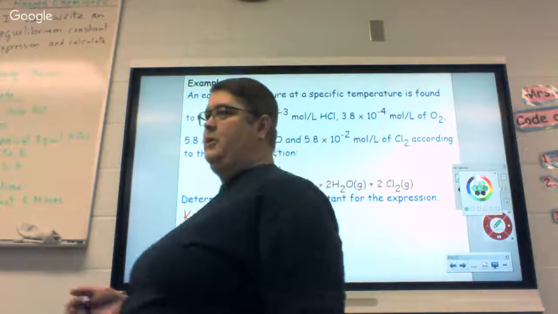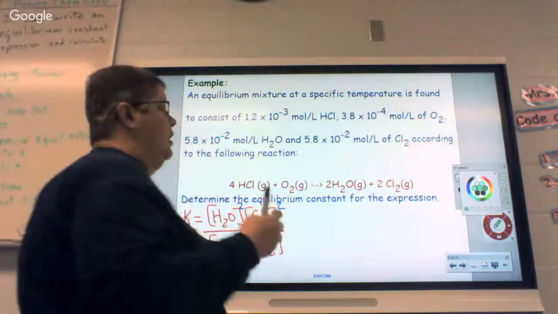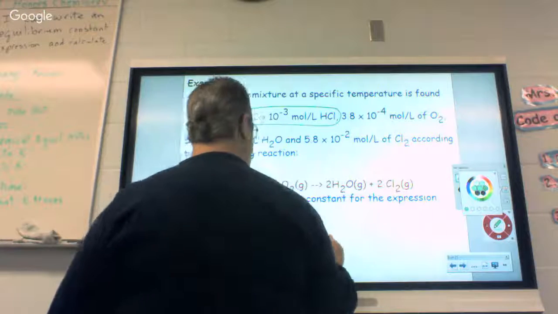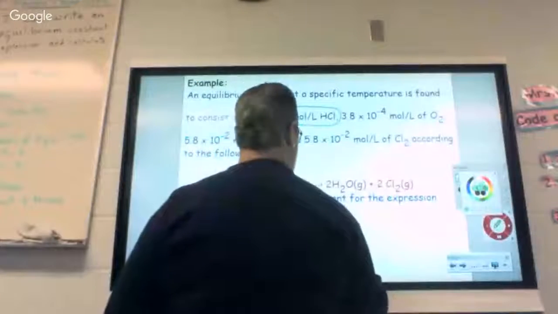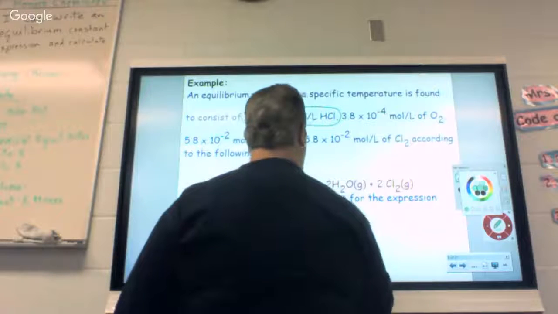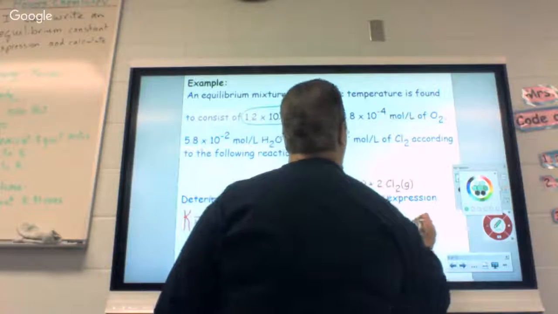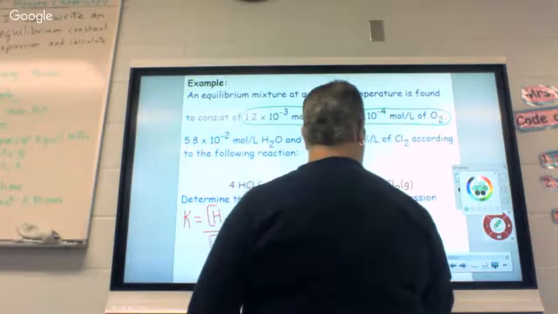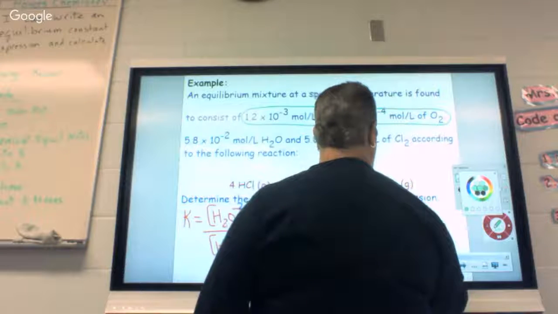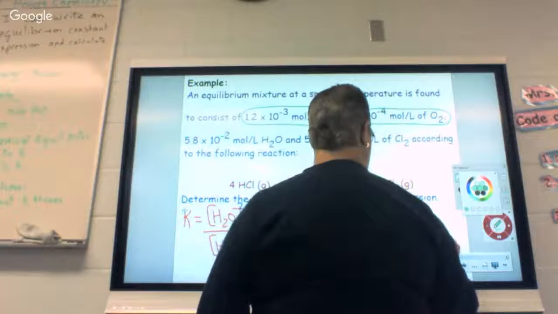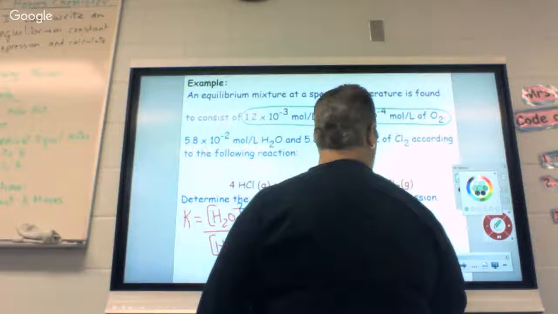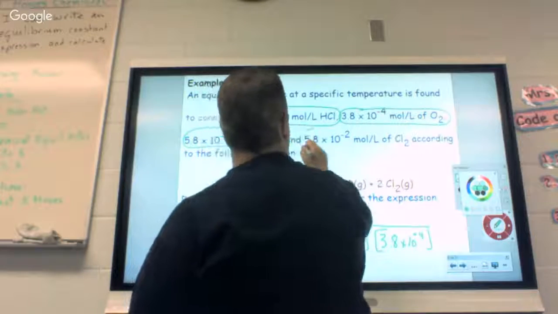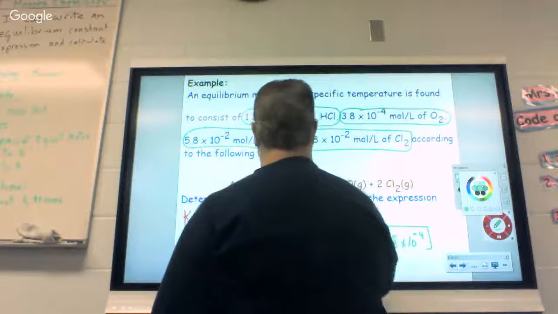Sometimes it's real easy to get these crossed. That one is HCl, so 1.2 times 10 to the negative third goes down here at the bottom. And then the 3.8 times 10 to the negative fourth goes here at the bottom. And then these two, which are the same, go on the top.